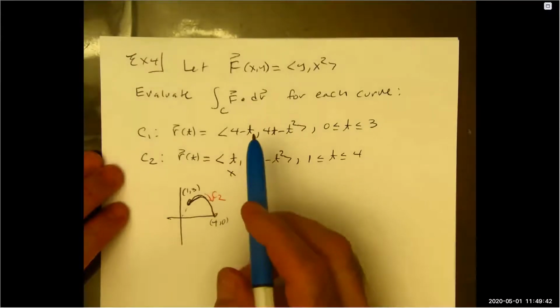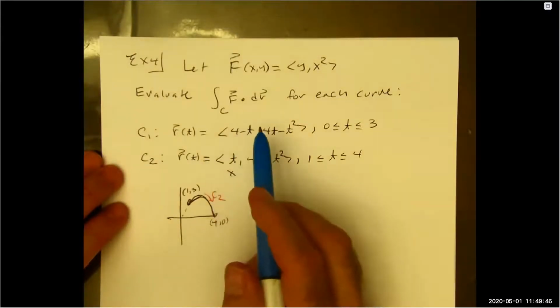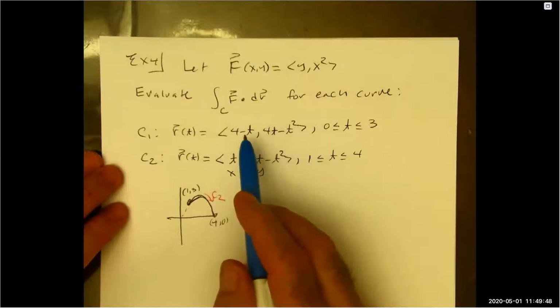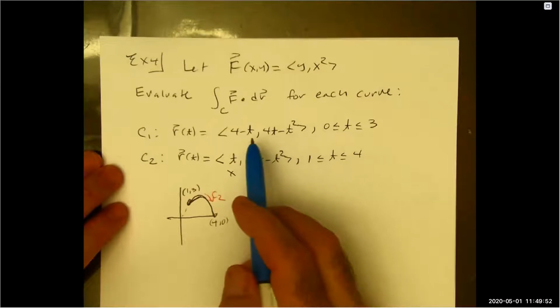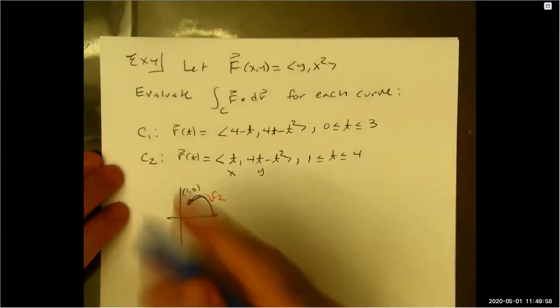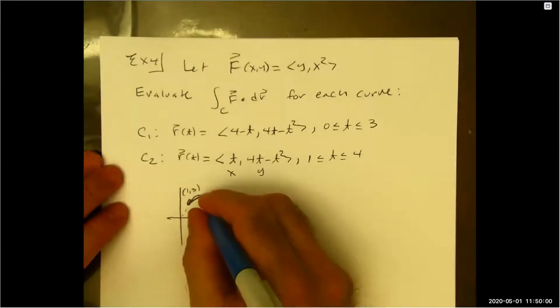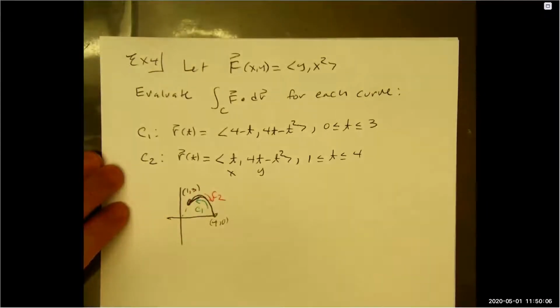And then if we have C1, when t is equal to 0, that's starting at 4, 0. And then when t is 3, you're going up to the 1, 3. So if we do that in another color, going up this way is going to be C1.